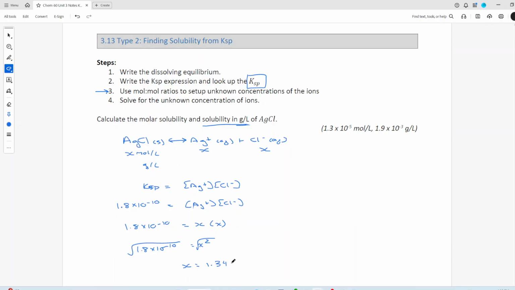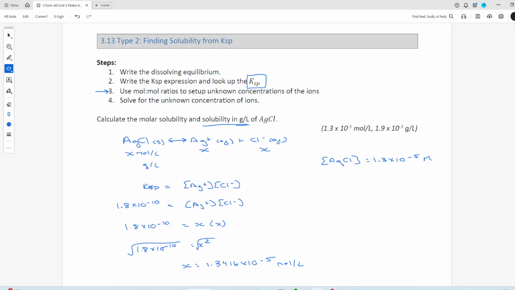So 1.3416 times 10 to the negative 5. This is X, the concentration in moles per liter. Since this is all a 1-to-1 ratio, the molar solubility of silver chloride is going to be, to 2 sig figs, 1.3 times 10 to the negative 5 molar.